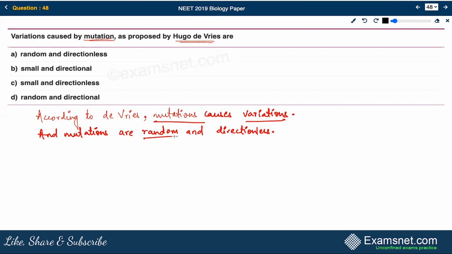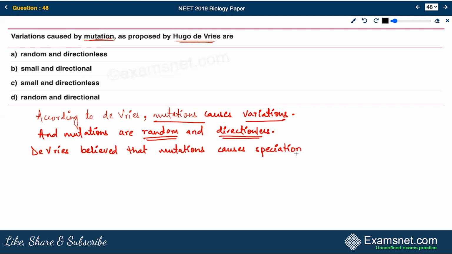That is one of the main reasons De Vries believed that mutations cause speciation, that means formation of new species, and hence he called it saltation.